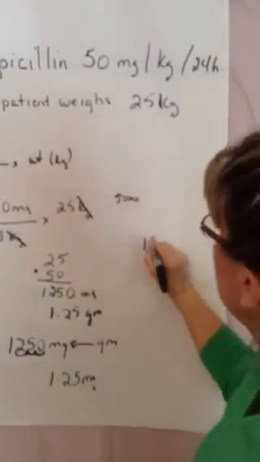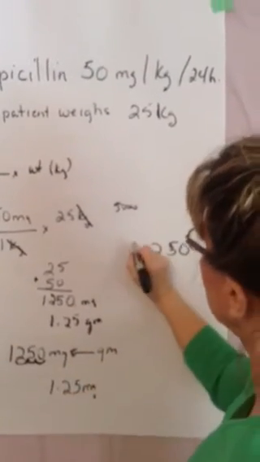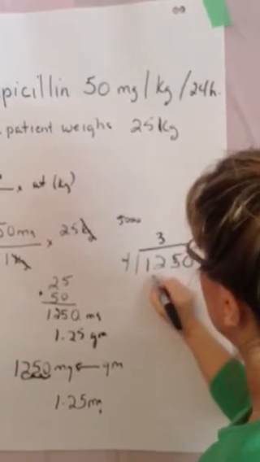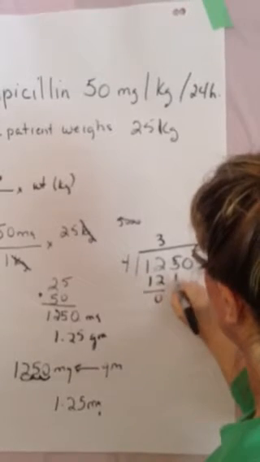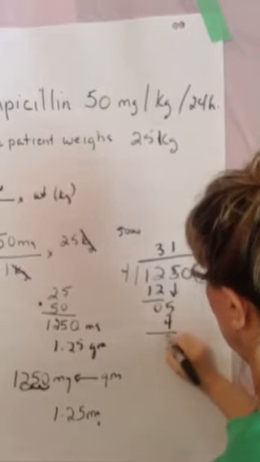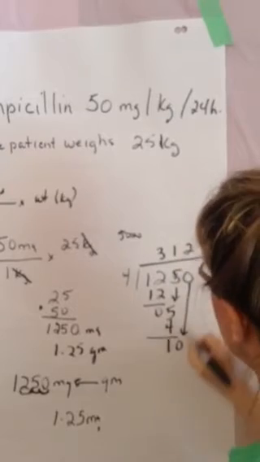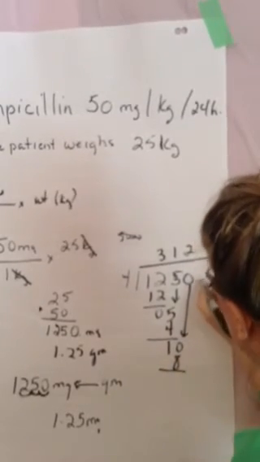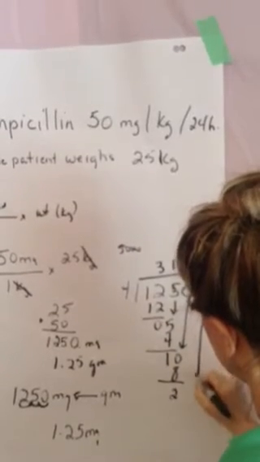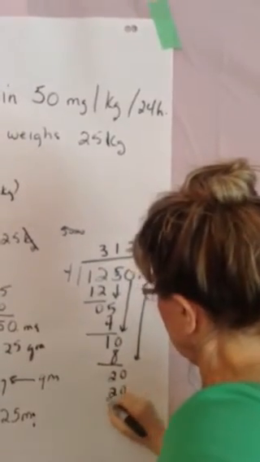So our 1250, if it's going to be given Q6H, that's 4 times in 24 hours, we would be giving, 3 4s are 12, bring down the 5, 1 left over, bring down the 0, 4 2s are 8, and I'm going to put a decimal in here. 2 remaining, bring down our decimal, and 4 5s are 20 with 0 remaining.